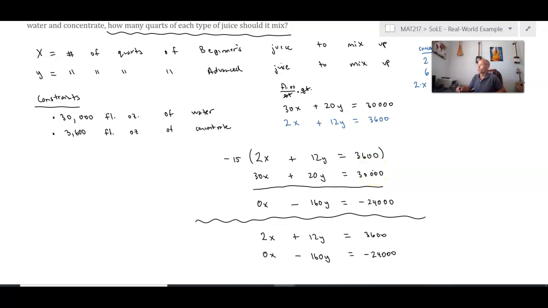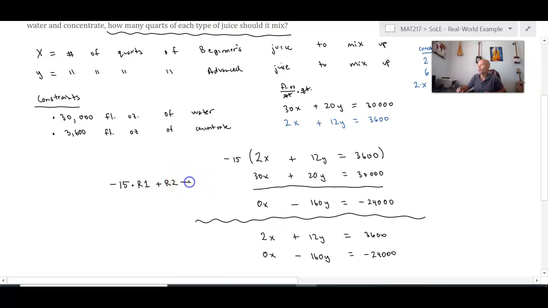As a small operation, I'm going to keep track of what has been done here. We have taken negative 15 times equation 1, which we often write as row 1, and we'll see why we do this in a future video. And we added it to row 2.